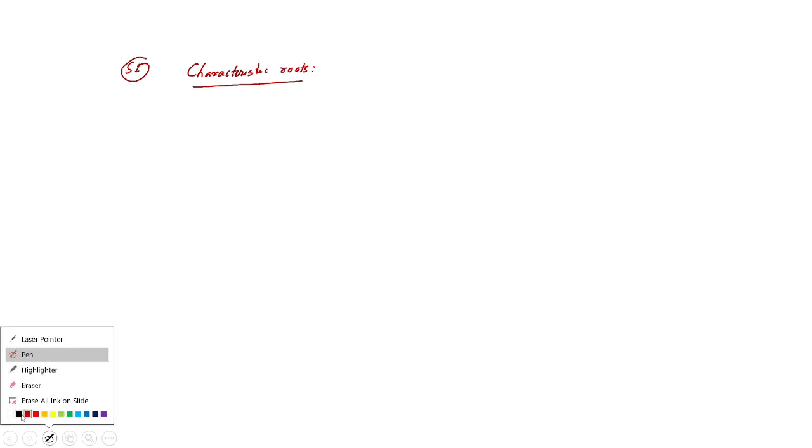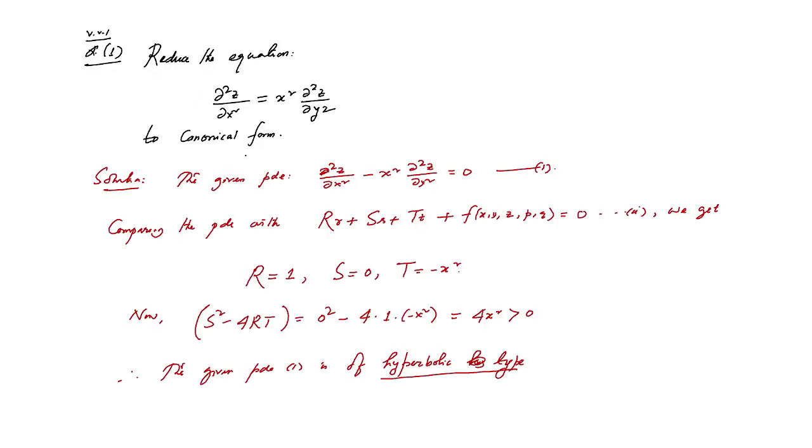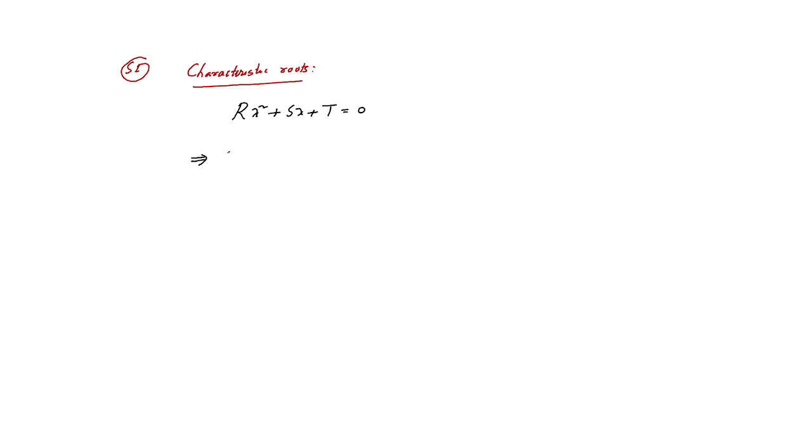So we'll solve this equation: R lambda square plus s lambda plus t equals 0. So here your r is 1, s is 0, t is minus x square. So 1 lambda square plus 0 lambda minus x square equals 0.